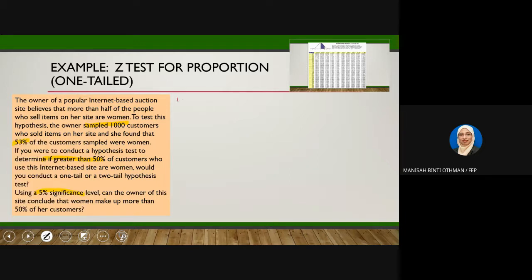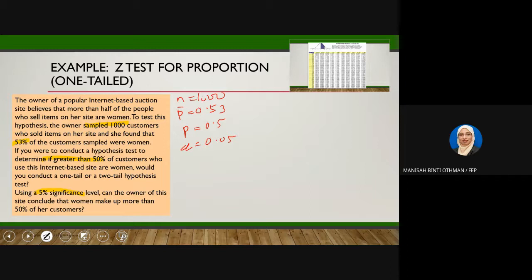So n is 1,000, p bar is 0.53, p is 0.5, alpha is 0.05.